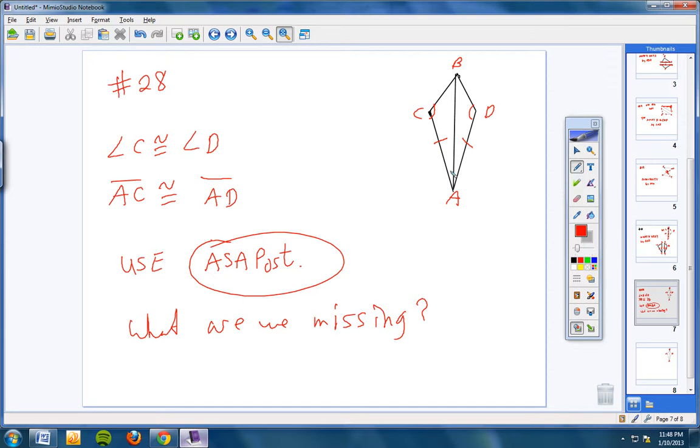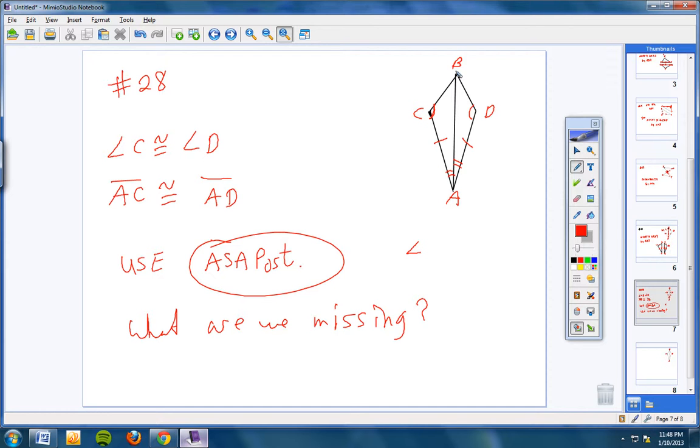What angle is it? Well, it looks like to me we have an angle and then a side, and then we need this angle right here to be congruent to this angle right here. So angle side angle congruent to angle side angle. So we're missing this. This is hard to see, so please pay attention. This angle right here is angle BAC.